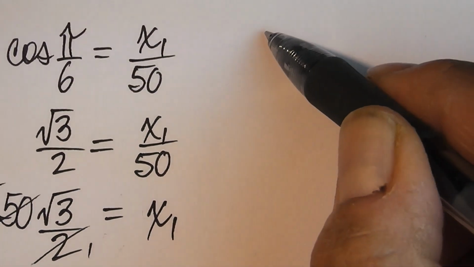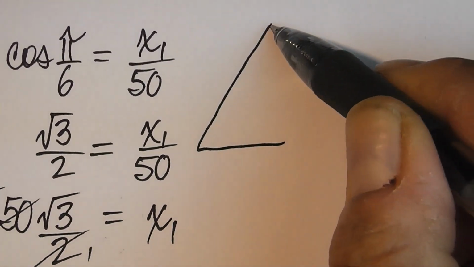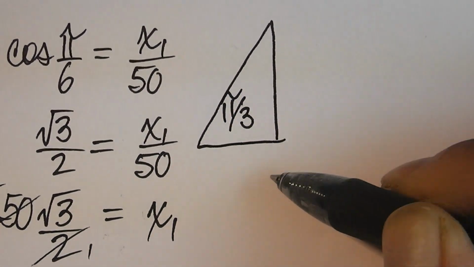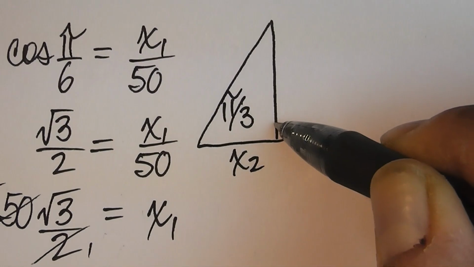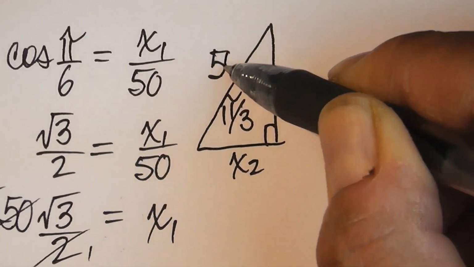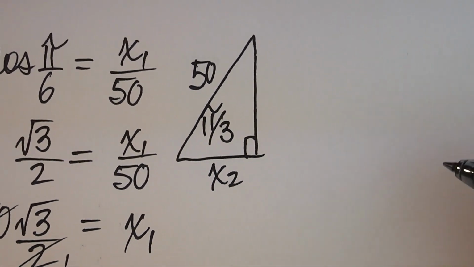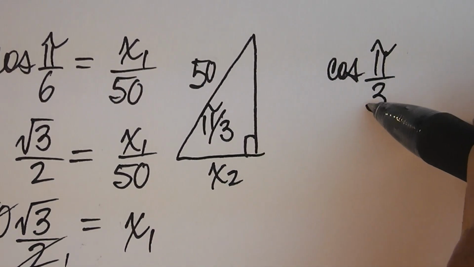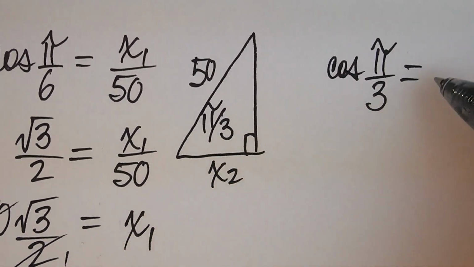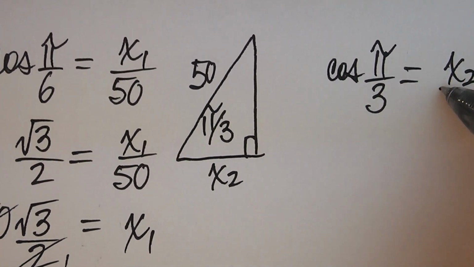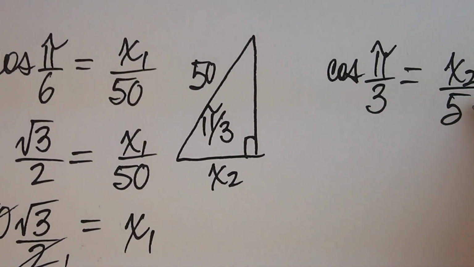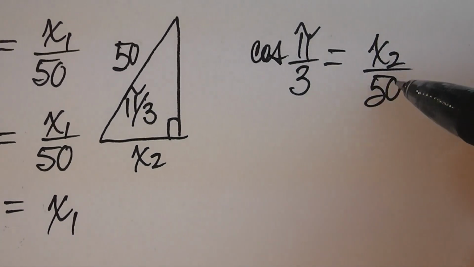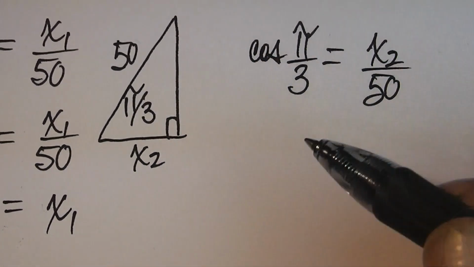A similar thing for the other triangle. So that's pi by 3. This is x2. This is 50. And we can say that cosine of pi by 3 is equal to adjacent x2 over hypotenuse. To solve for x2, I'm going to multiply the other side by 50, but first I need this.